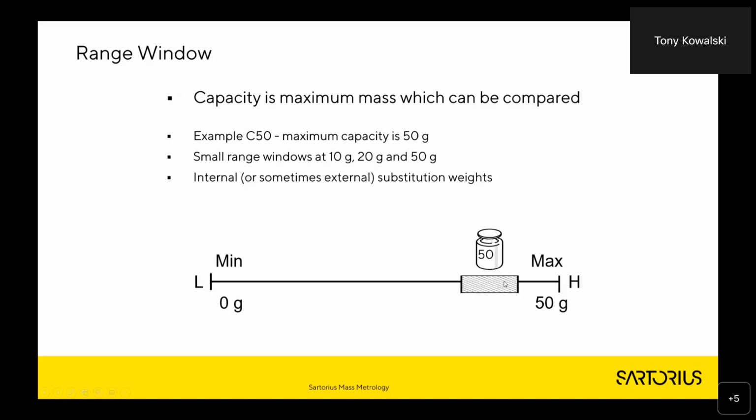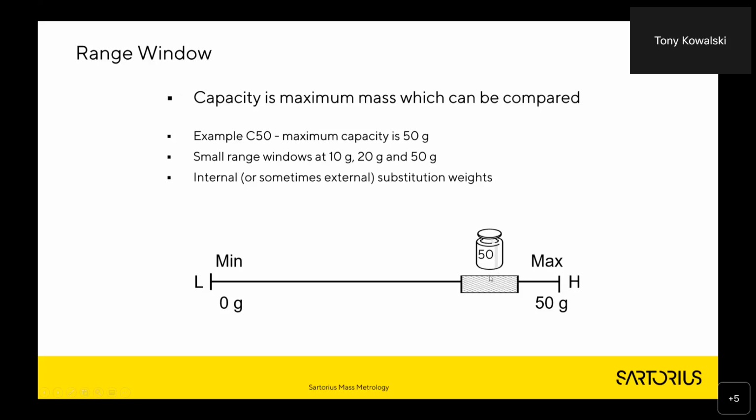And on this comparator, if there's nothing loaded on the pan, you just see the letter L. You put 50 grams on this particular model. It's a model C50, so its maximum capacity is 50 grams. We put the 50 grams on of our A, take it off, put on our B, and we can measure in a small window, maybe a few grams either side, we can measure the difference.